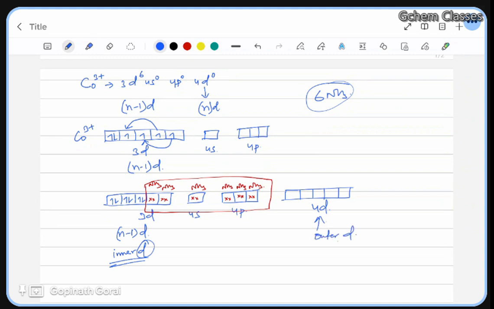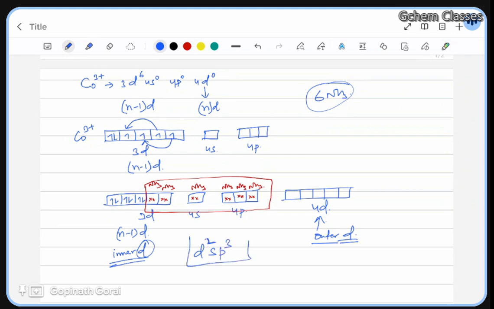So if we are using this d, then it will be an outer orbital complex. If we are using the inner one, that is an inner orbital complex, right? Likewise, based on the hybridization, you will find out whether it is an inner orbital complex or an outer orbital complex. Now we are using inner d. Just see how many d we have used. 2. So write d2sp3.